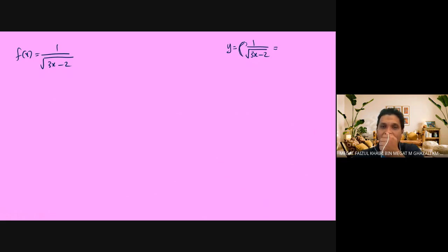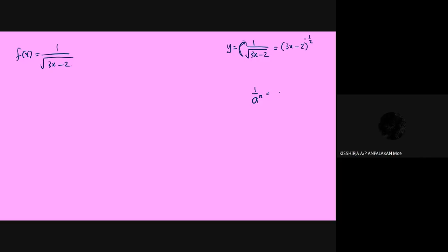So if we bring the denominator above, it becomes 3x minus 2 to the power of negative 1 over 2. 1 over a to the power of n equals a to the power of negative n.